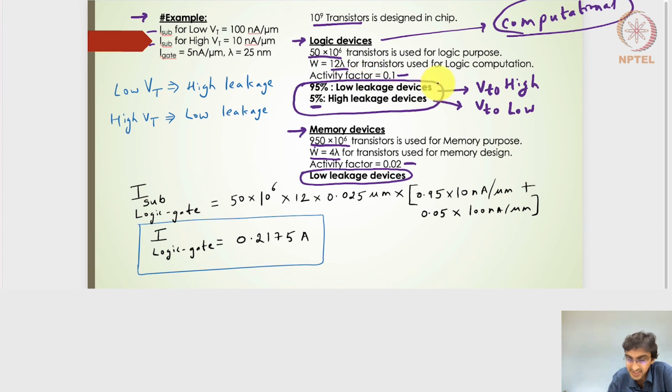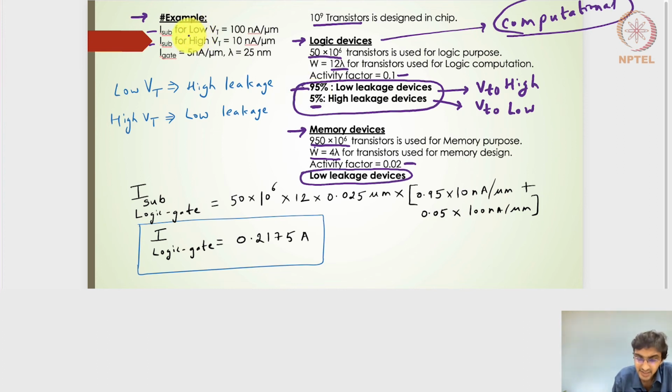What it means is that this design 95% of the time caters to low leakage current, and 5% of the time it is very essential, and that's why they have gone for the low VT0. Remember that the low VT0 will give me a higher current in the long channel current model, if I estimate the saturation current and the linear current. But 95% of the time it is the low leakage current.